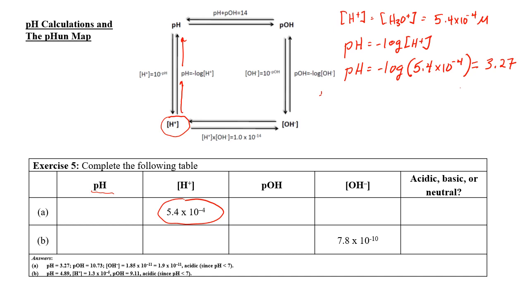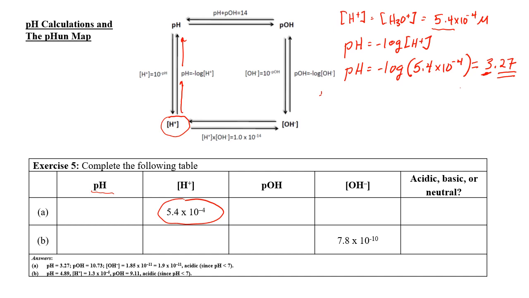Now, here's how we do Sig Figs. For pH measurements, this first number out here does not count for Sig Figs. You look at the numbers after the decimal. If you notice our original value had 2 Sig Figs, then we want 2 decimal places. I know it doesn't fit the Sig Fig rules we learned in the beginning of the year, but this is just how it is with logarithmic functions.